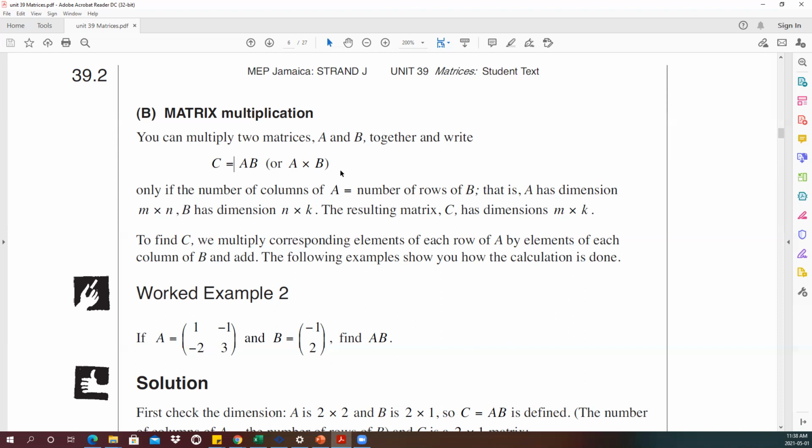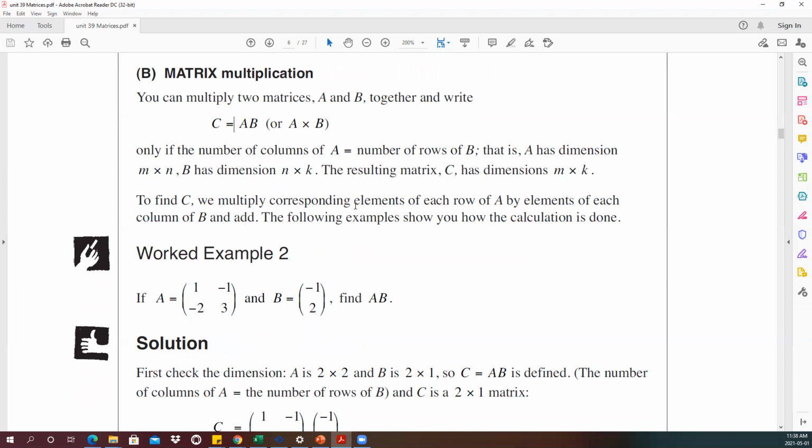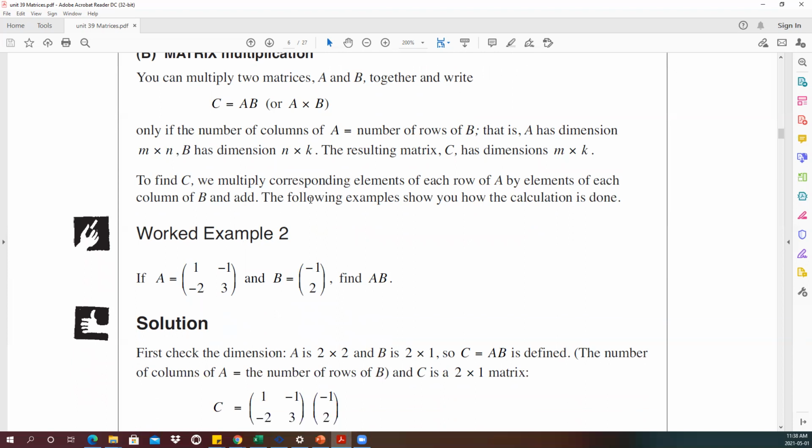Whatever the column number is, which is represented by this N, and the row number is, which is represented by this N, when they are the same numbers, then you're free to multiply. And then the resulting matrix will have a dimension M by K, right? And of course, we're going to make this concrete because this may not make any sense right now. So I'm going to give an example to make it more concrete.